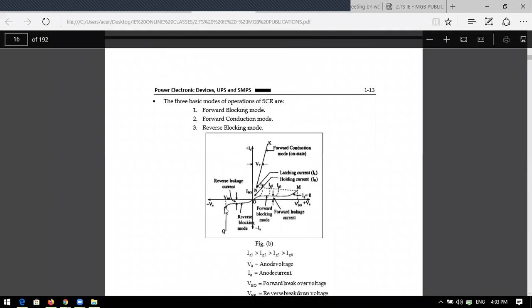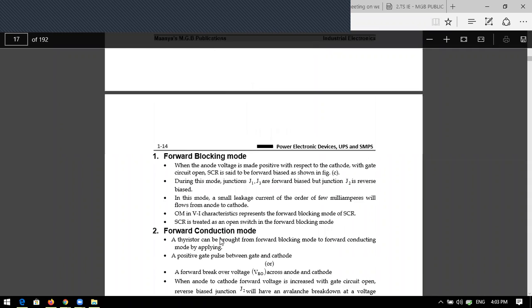The region PQ you can call the reverse breakdown. You should not operate in reverse breakdown because of the excess current that flows in this region. O to P is the reverse blocking mode, P to Q is reverse breakdown, and this is leakage current, the forward leakage current, and this is the reverse leakage current.